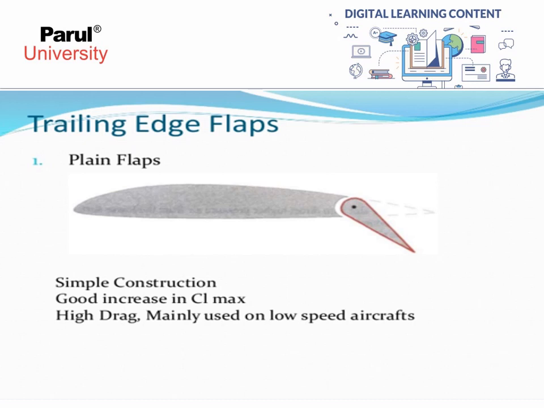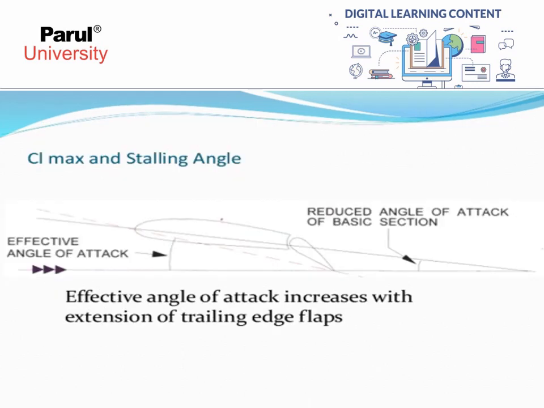For the trailing edge flaps, first we have to discuss the plain flaps. The plain flap is of simple construction and gives a good increase in CL max but high drag, and is mainly used on low speed aircraft. Now, for CL max and stalling angle, you can see the effective angle of attack increases with extension of the trailing edge flaps.